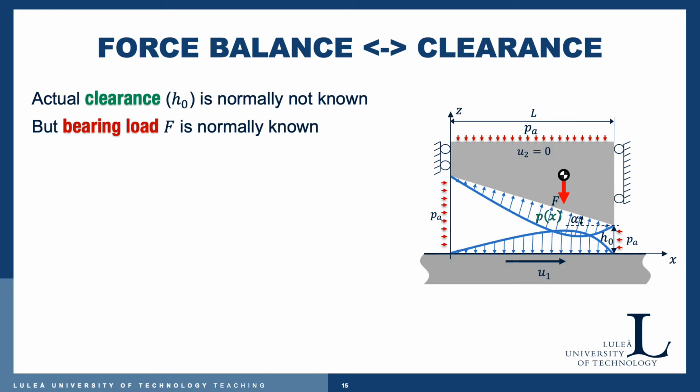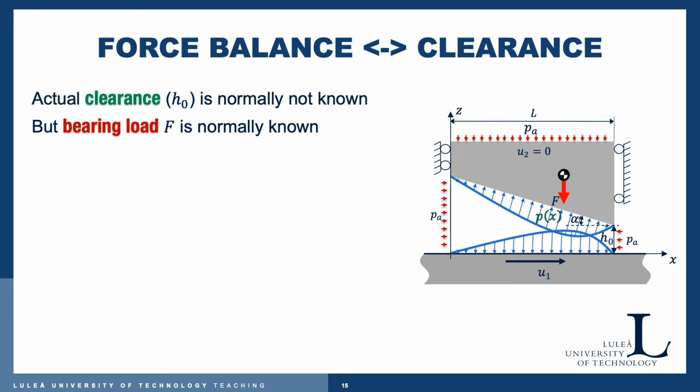Now this force balance is directly coupled to the clearance at the trailing edge, but the clearance everywhere, of course. In reality, we don't know that clearance at the trailing edge.